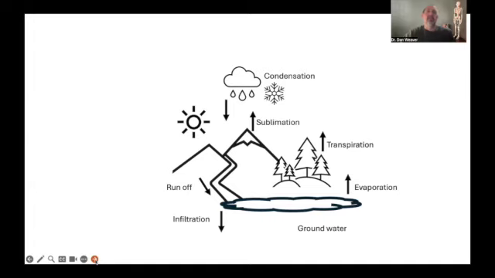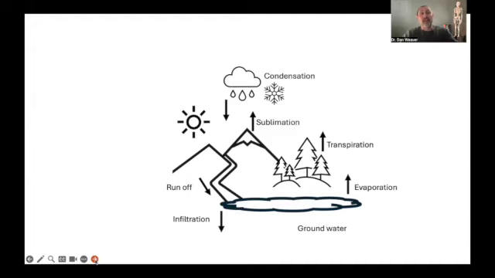Rain runs down the mountainside, runs off rooftops, and runs into a stream that might fill a lake or pond or river. It might soak into the ground. That's called infiltration. It might be stored as groundwater.